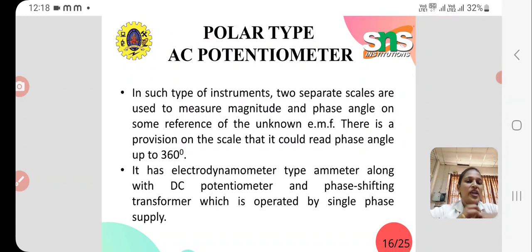In the last class we discussed AC potentiometer types, and we saw the construction and working of one of them, the polar type potentiometer.